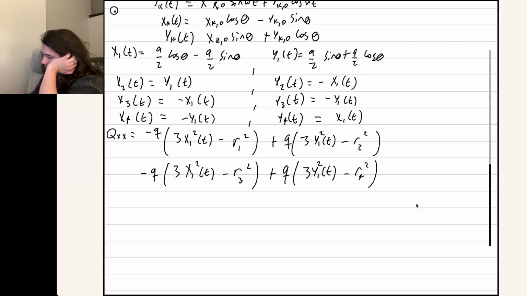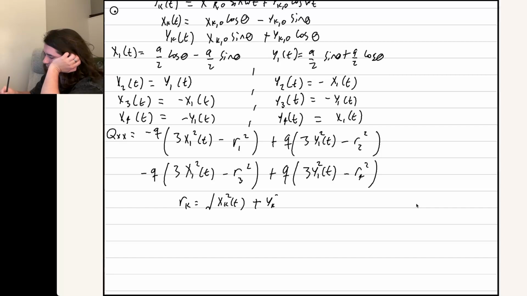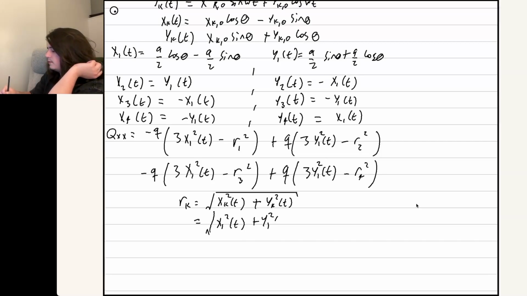And the r's are actually all going to be the same, because all of these are just superpositions of the first equation. So rk will be the square root of xk squared of t plus yk squared of t, which are all identical to x1 squared of t plus y1 squared of t.